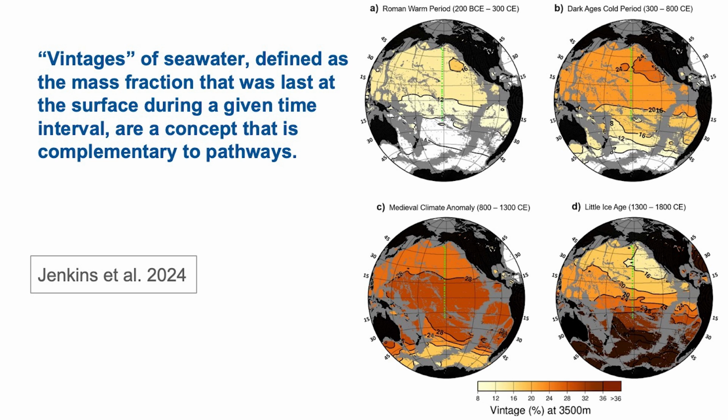So this is 3.5 kilometers depth, Pacific Ocean mostly. This is from Jenkins et al. 2024. You can actually plot the vintages of seawater. Vintages here, thinking of your favorite vintner coming out with the 1996 Chateau Lafite Rothschild. But here we've got the Roman Warm Period vintage in the deep Pacific, chilled for your pleasure.